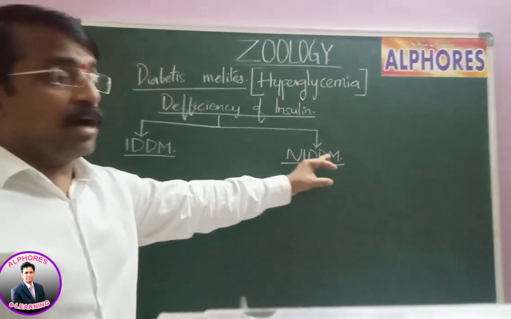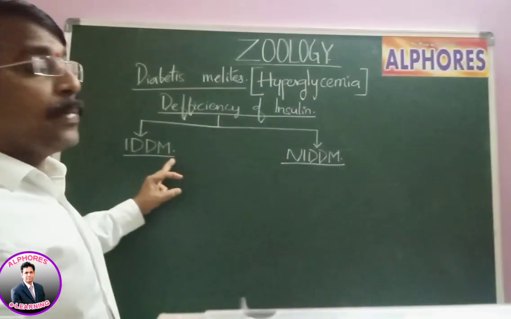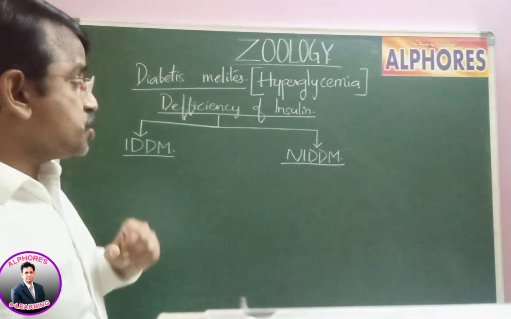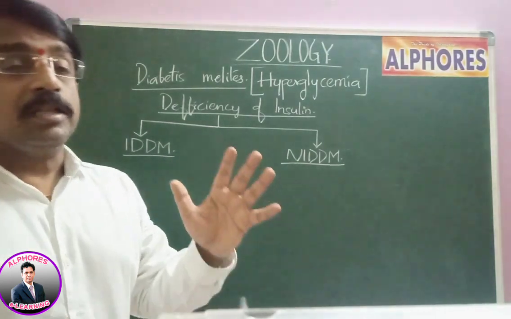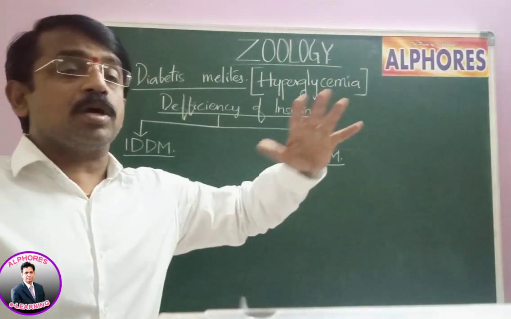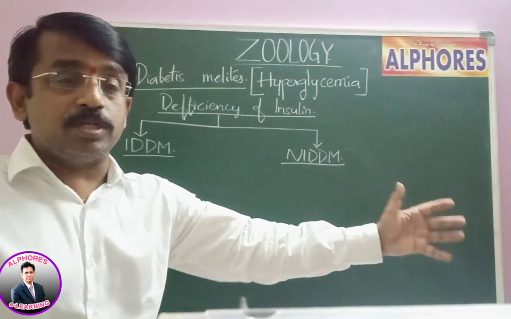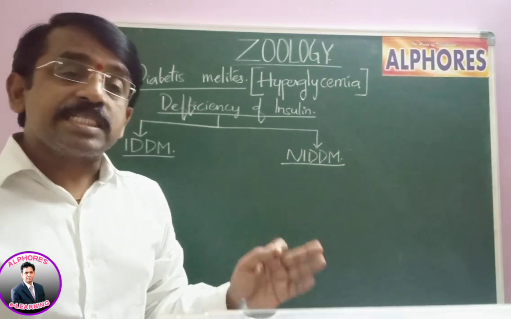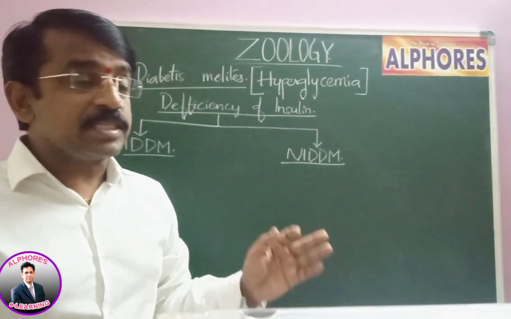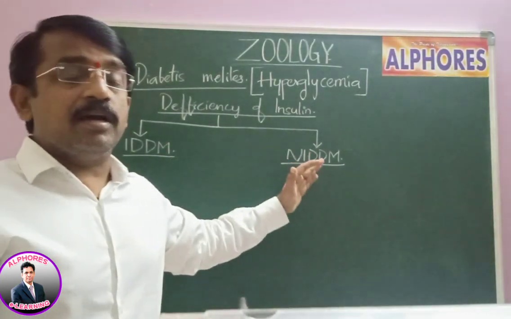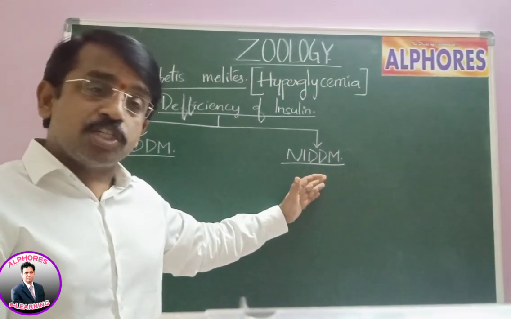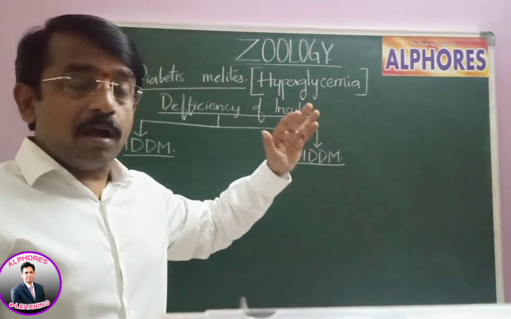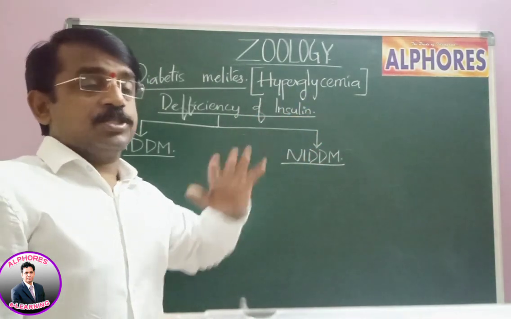In insulin dependent and non-insulin dependent diabetes mellitus, either the glucose fails to convert into glycogen, or, second, glucose uptake by cells fails to take place.